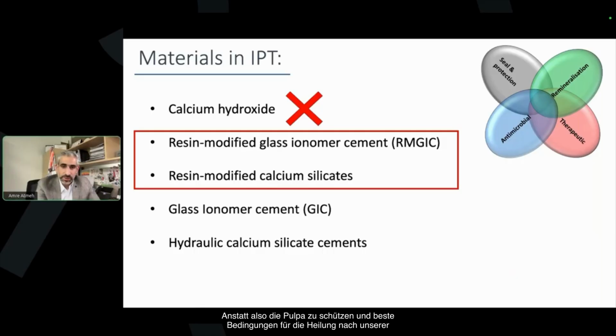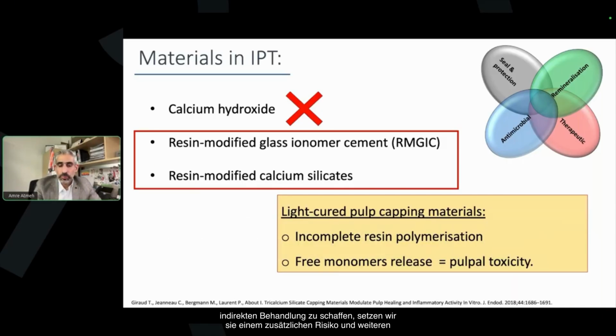This is very convenient for us inside the clinics because we need things to happen quickly. But that comes with a price because they include polymers, and those polymers, firstly, could be toxic, especially if they didn't polymerize, if it didn't go into a full reaction.